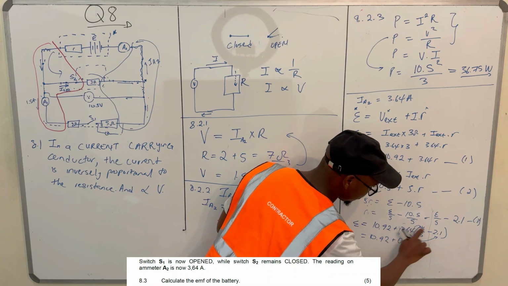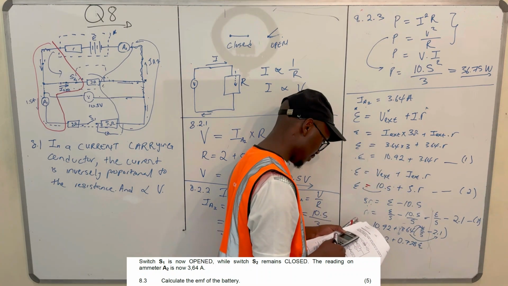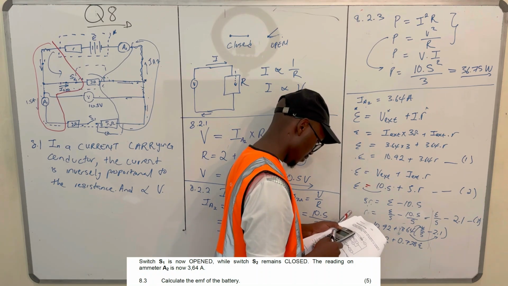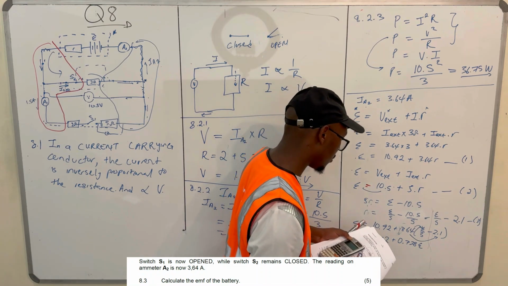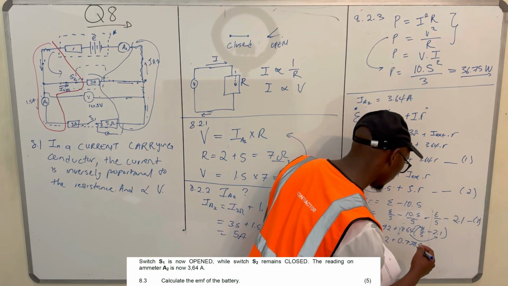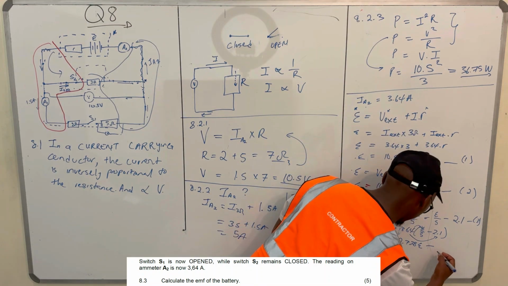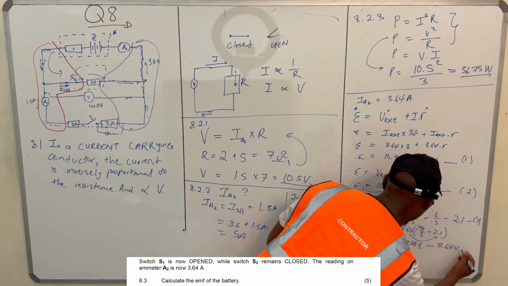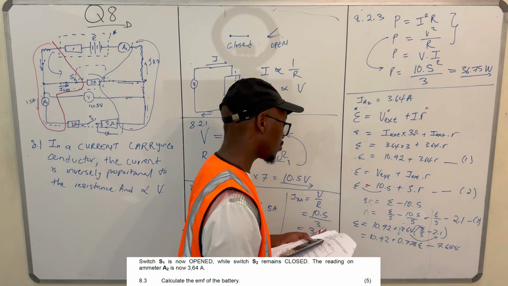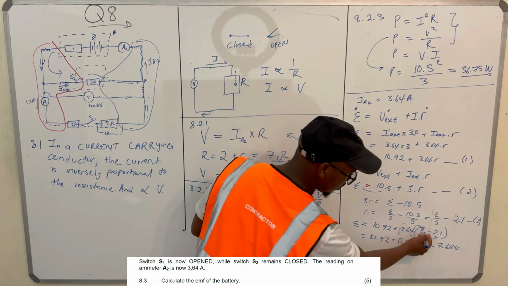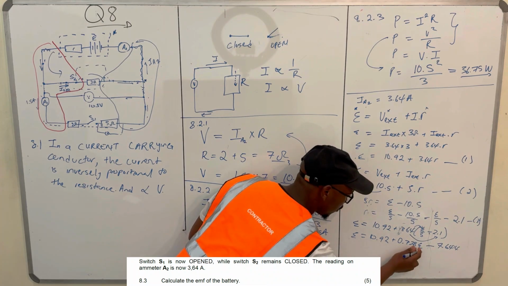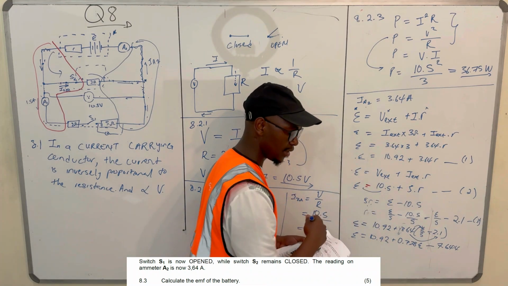When you multiply this by 2.1, you're going to get minus 7.644. And remember that this was the minus sign. Don't forget that. Since we're solving for E, we need to take E to this side.